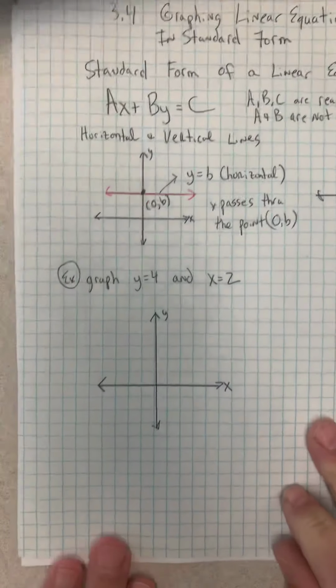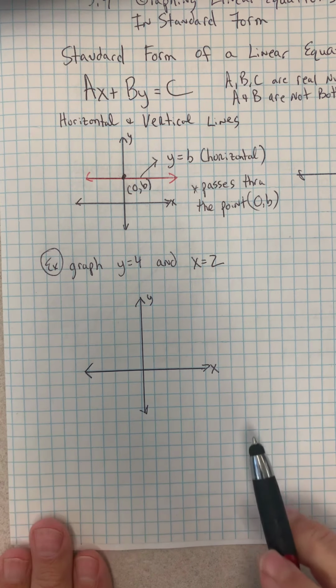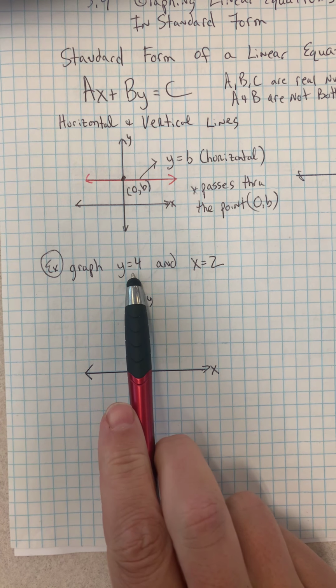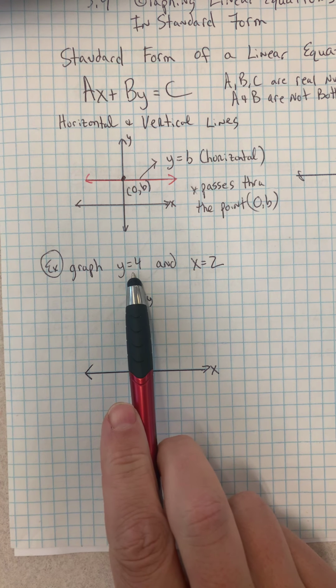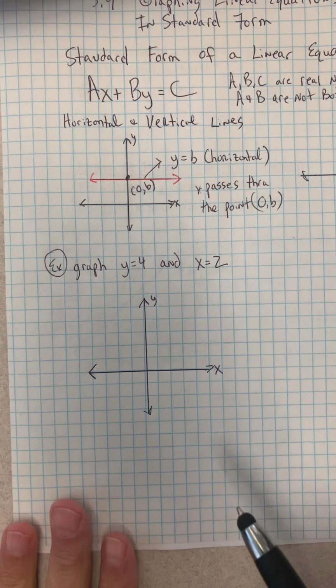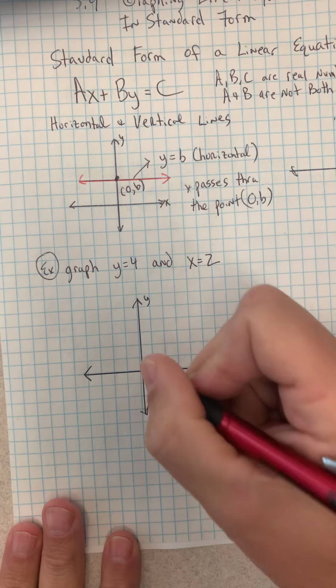There's my x, there's my y. And again, you have the equation y is equal to 4. That means your x is 0. This crosses at the point 0, 4.